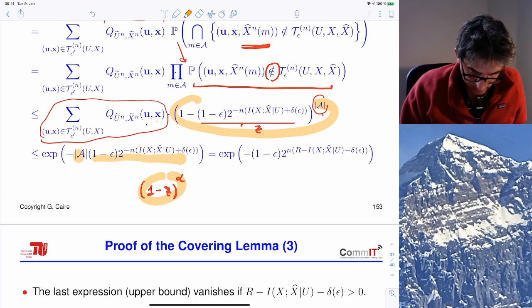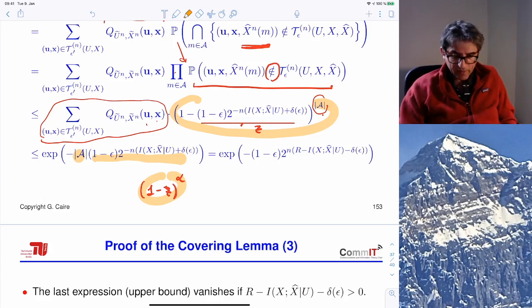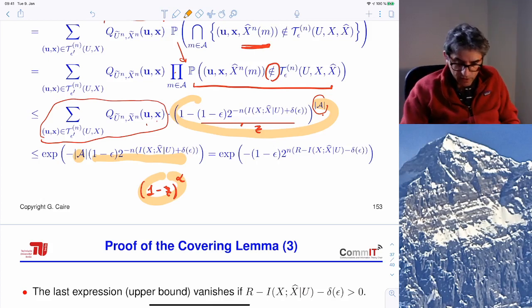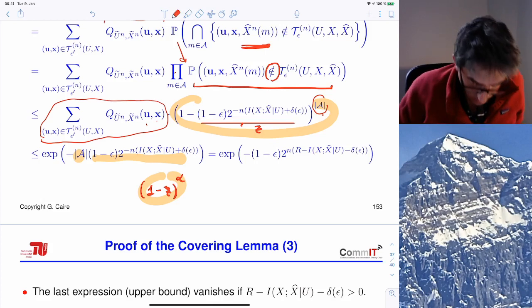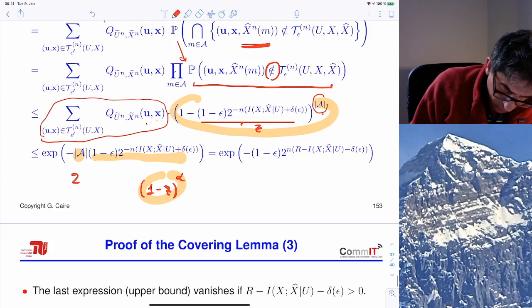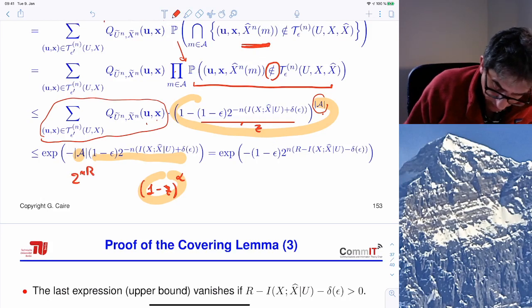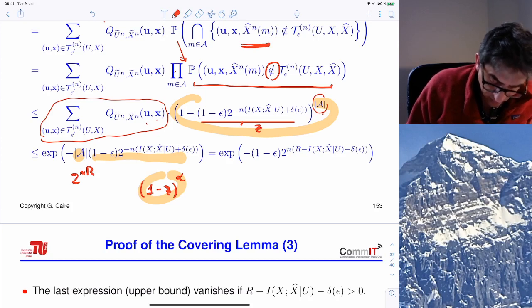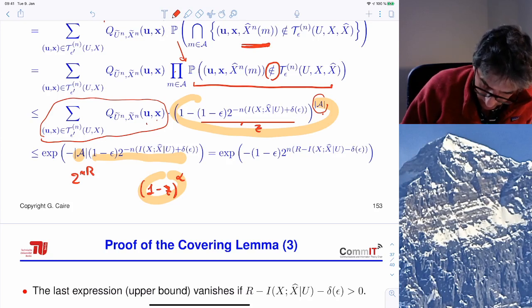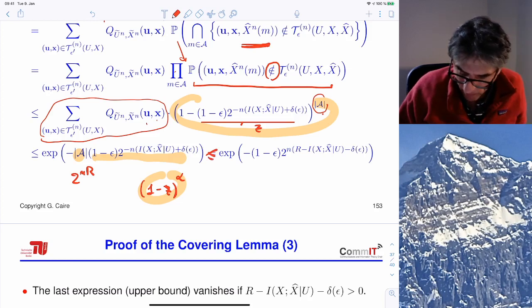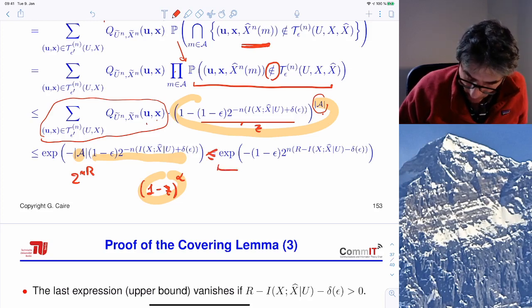And it turns out that this alpha, so this cardinality of A that I call alpha, is in fact lower bounded by 2 to the nR. So if I replace the lower bound here, I just make this term bigger, so this is still even more an upper bound. And finally, I find this upper bound.